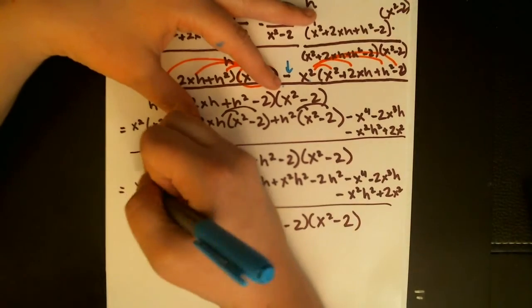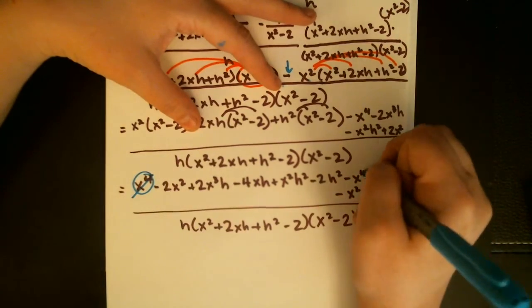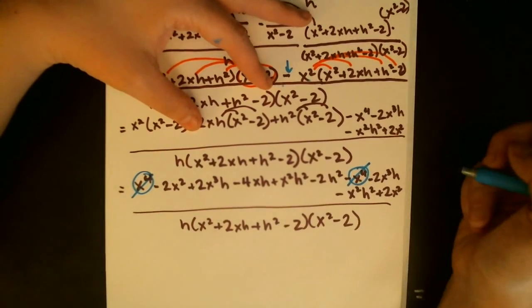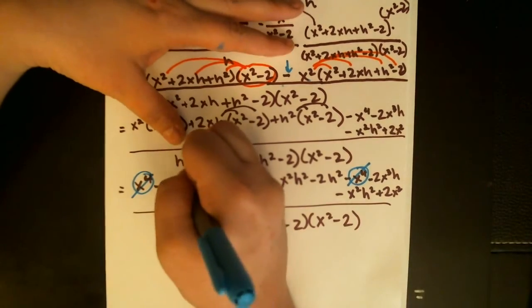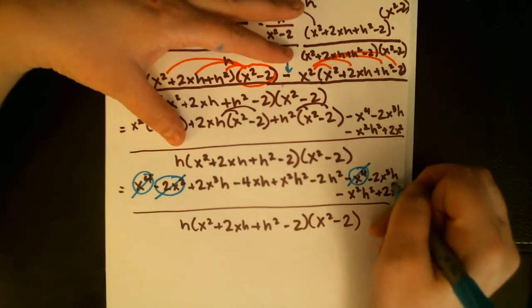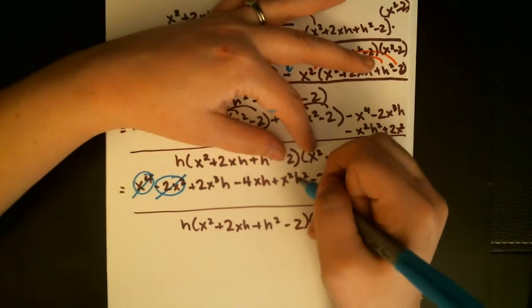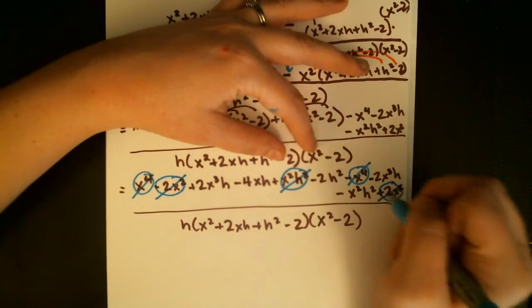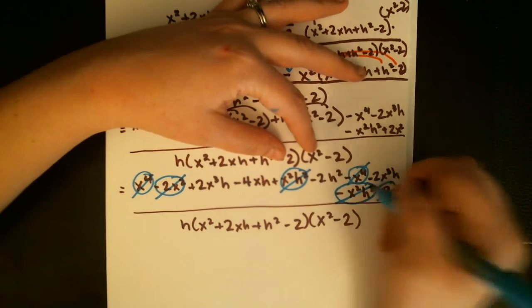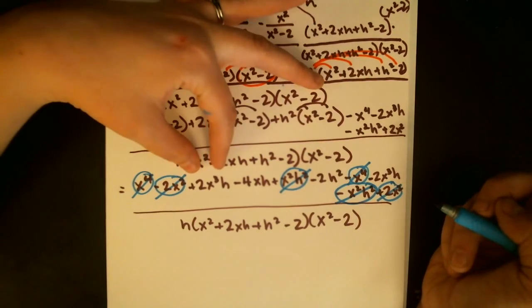So I see that there's an x to the fourth and a minus x to the fourth. I see that there's a negative 2x squared and a positive 2x squared. I see an x squared h and a negative x squared h.